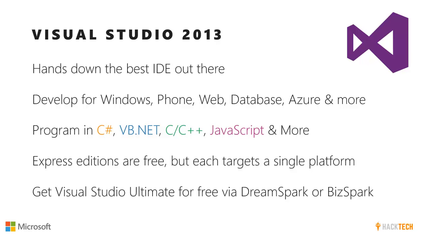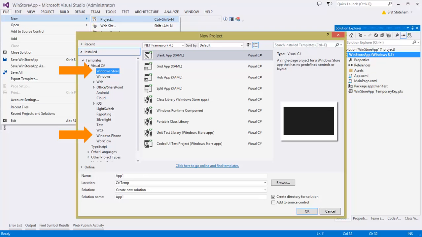Now, in fact, on the slide, I say you can get Visual Studio Ultimate through DreamSpark. You can get Pro through DreamSpark for students, or Ultimate through DreamSpark Premium through your school. Or again, if you sign up for BizSpark, and I strongly encourage you to, then you can get Ultimate and everything else through BizSpark.